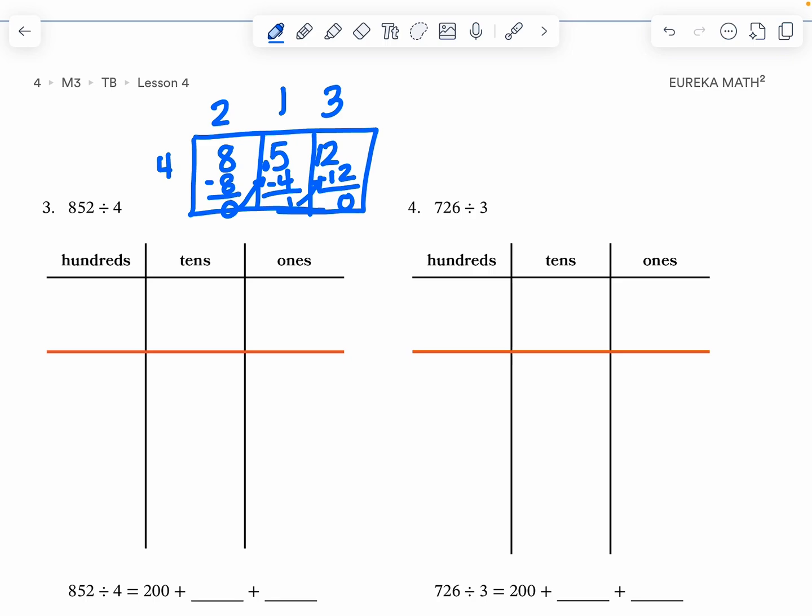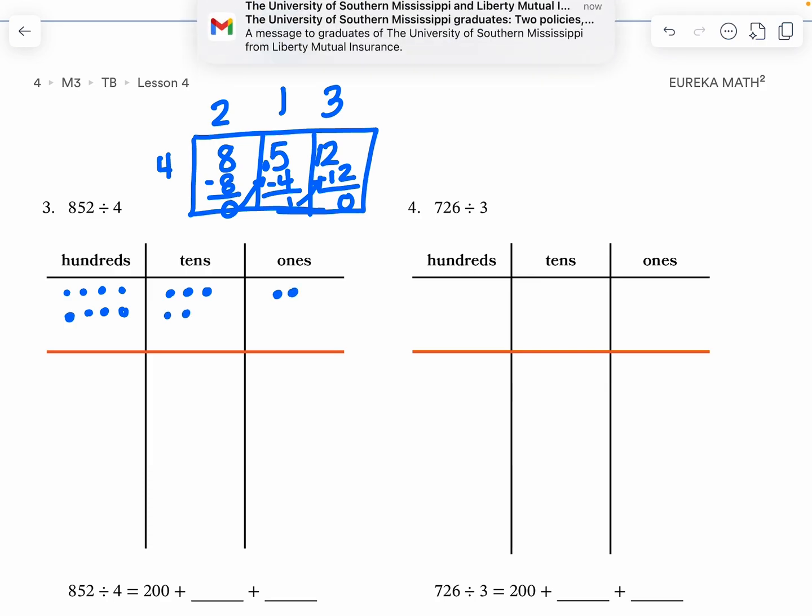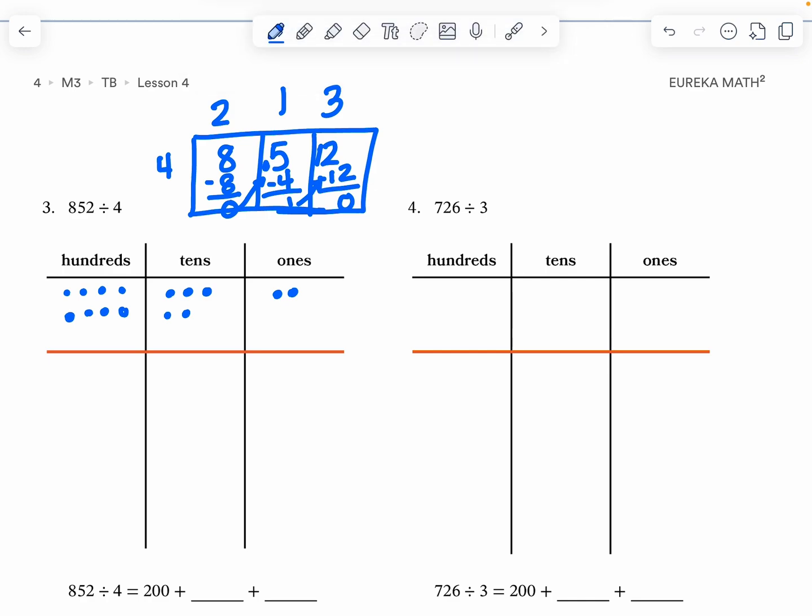If I were going to do that using the place value chart, 1, 2, 3, 4, 5, 6, 7, 8. 1, 2, 3, 4, 5. 1, 2. I'm going to put them in groups of 4. Then we have this group of 4s with 1 left over. So I have to rename this 1 that was left over. I can't just leave him out.